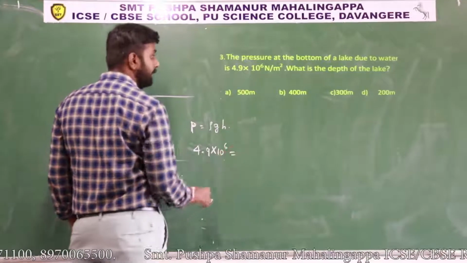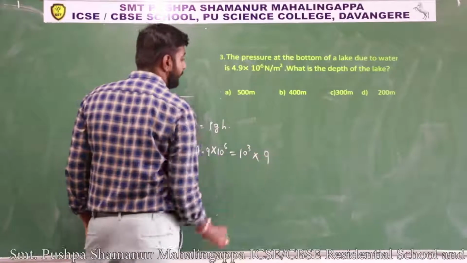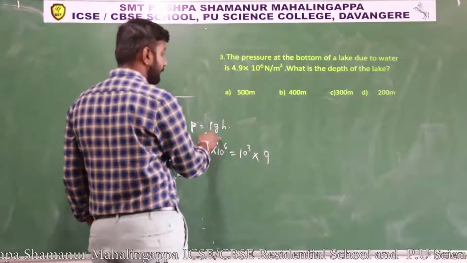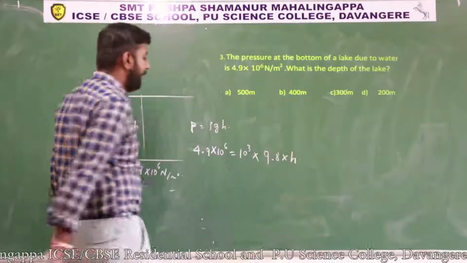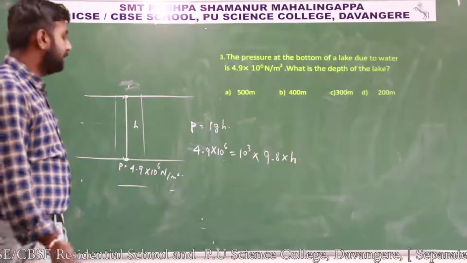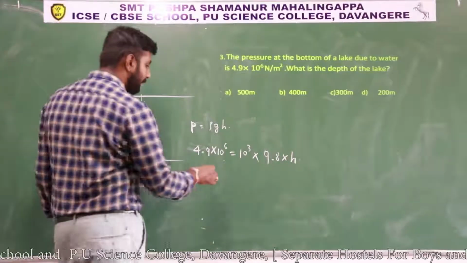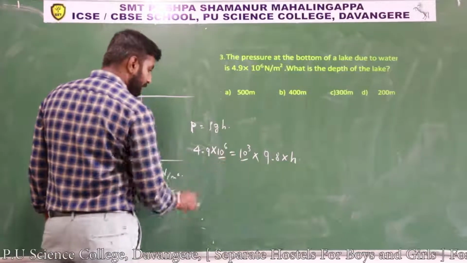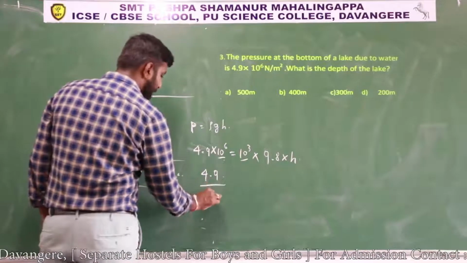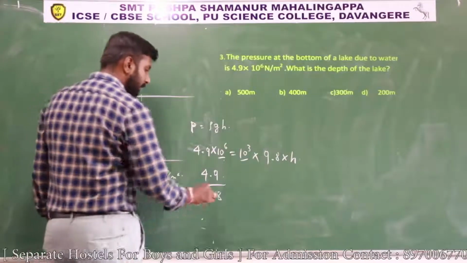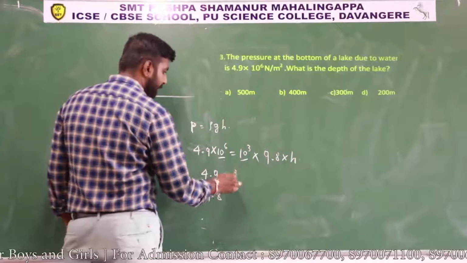This equals density of water 10^3, and g is 9.8, into height h. That height or depth we have to calculate. So if we calculate, you will get 4.9 divided by 9.8, into 10^3.